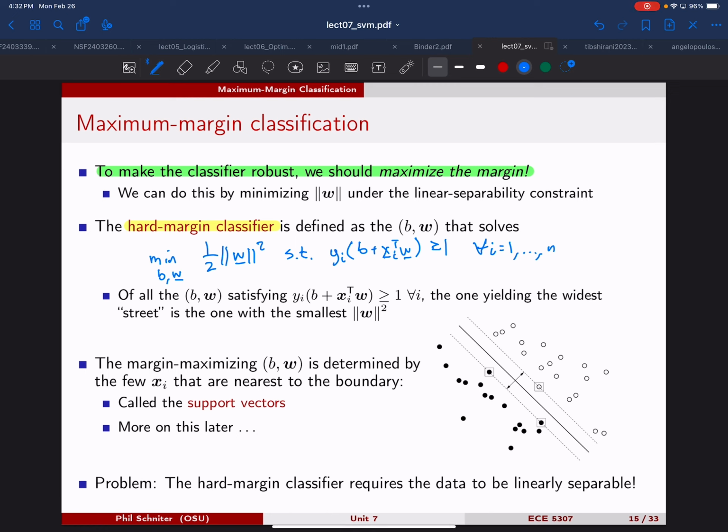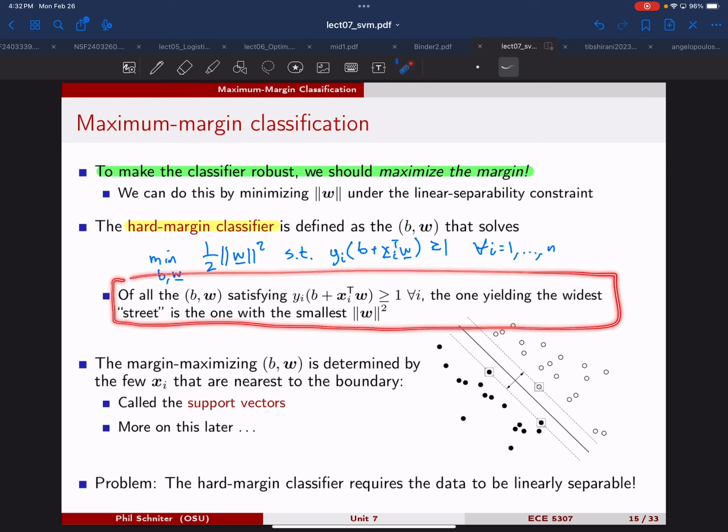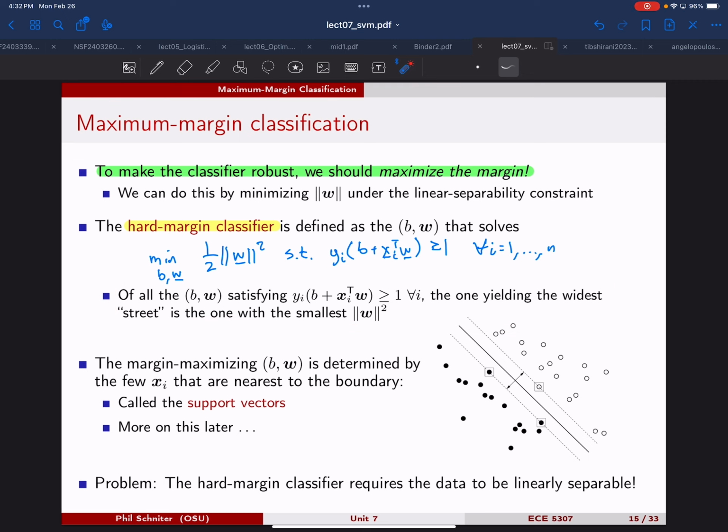Another way to paraphrase what we're doing is we're finding the b and w so that out of all of them that give you linear separability, this is the one yielding the widest street. It's the one with the smallest w norm.